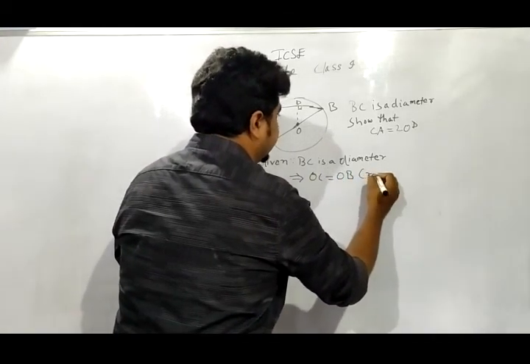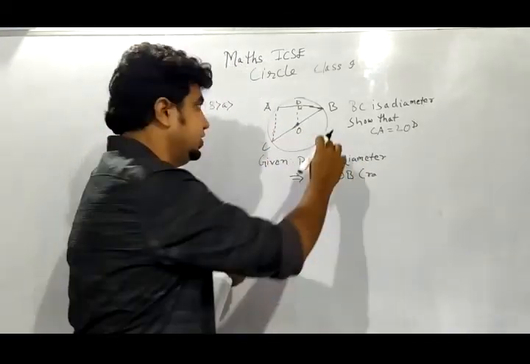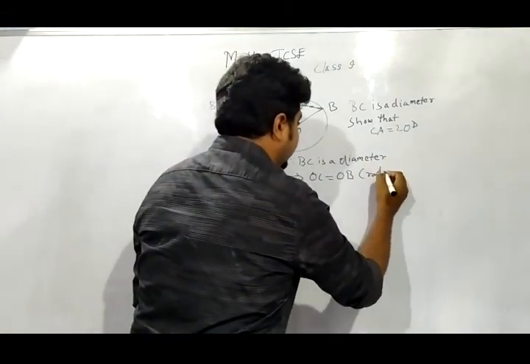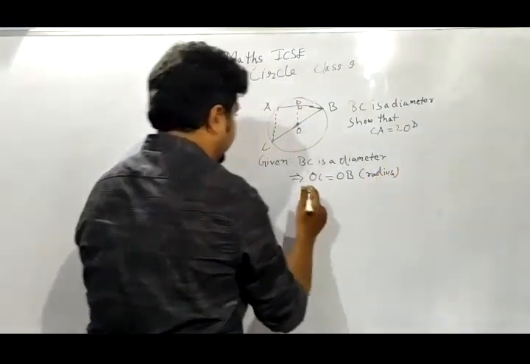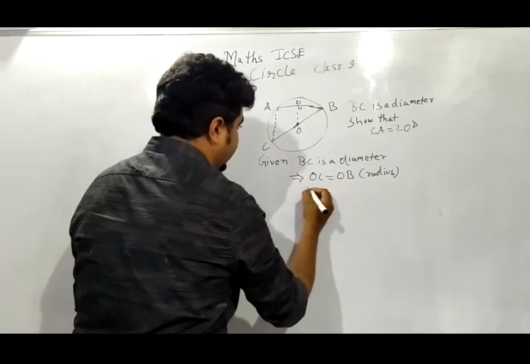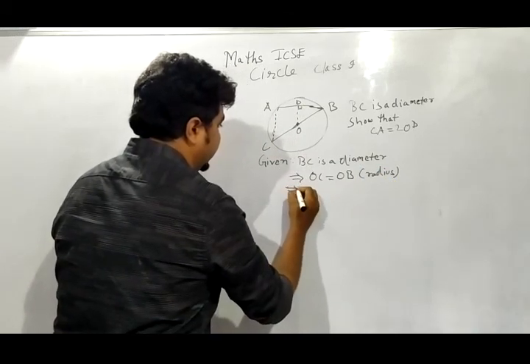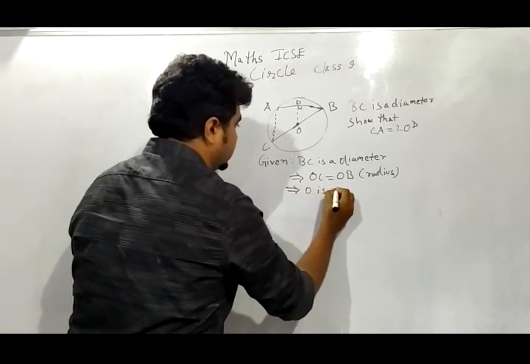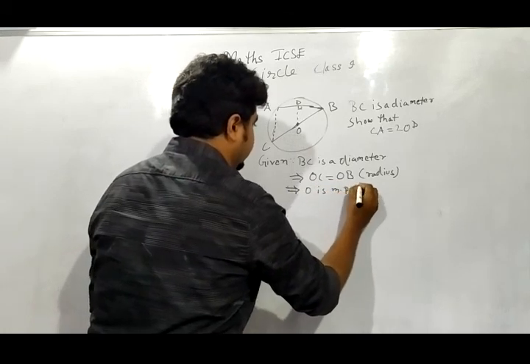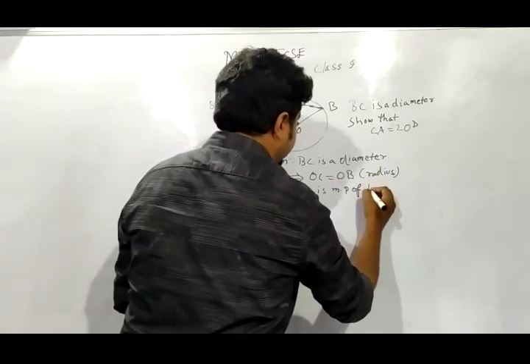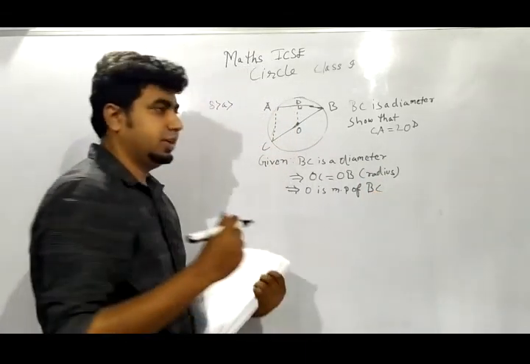These are radii. OC and OB are radii, so they are equal. That implies I can say O is the midpoint of BC. This is one of the statements we have got.